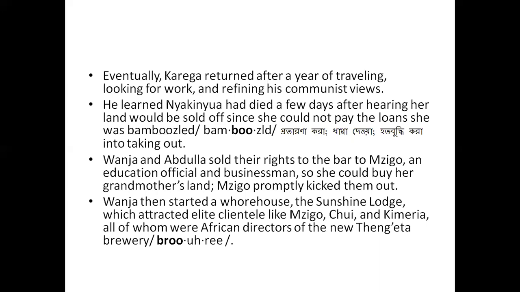So after getting Wanja and Abdullah's bar, Mjigo, Chui, and Kimeria start a new bar and give it a name, that is Theng'eta Company and Theng'eta Brewery, and they became the African directors.